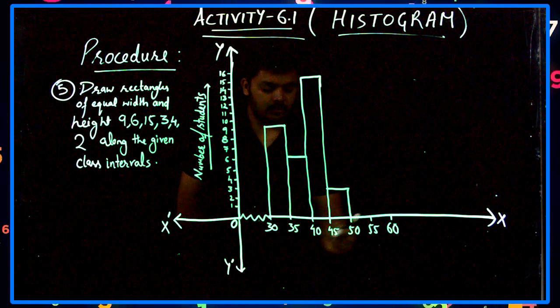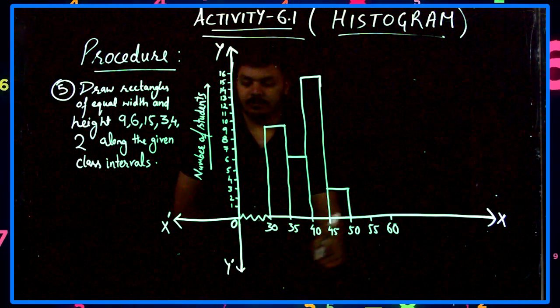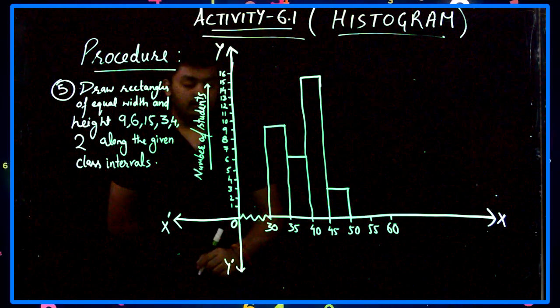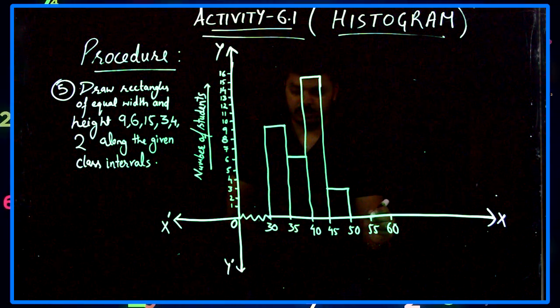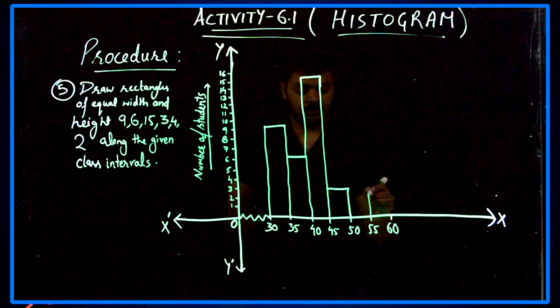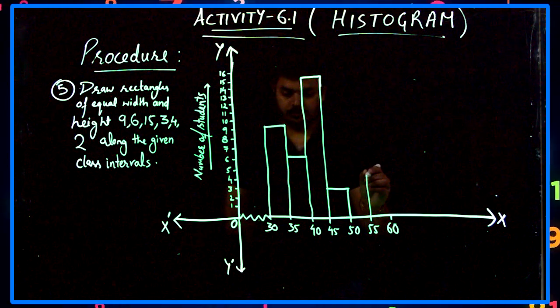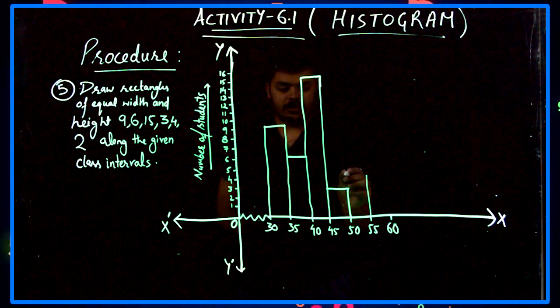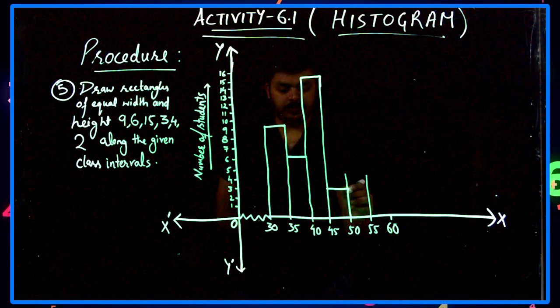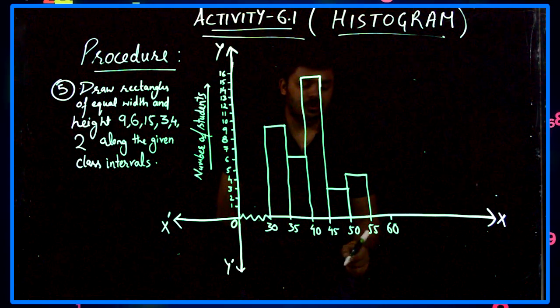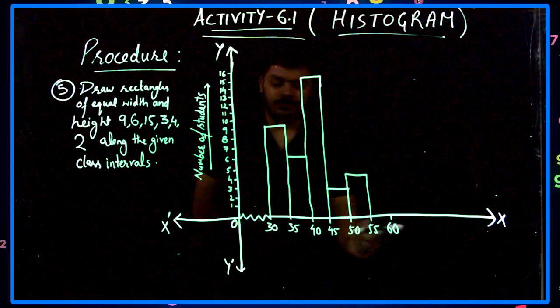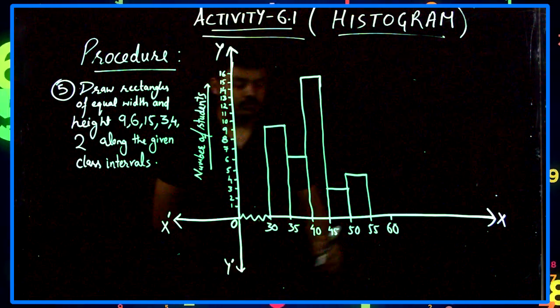Similarly, under class 50 to 55, our frequency is 4. Draw a straight line up till 4 and extend the interval 50 also up to 4 and join the two. Similarly, under class 55 to 60, our frequency is 2.